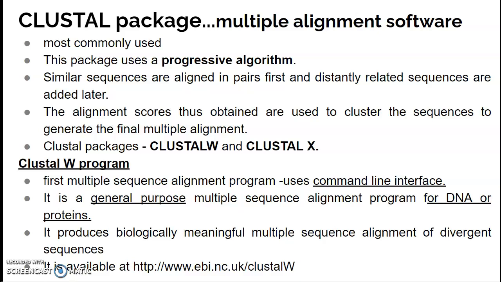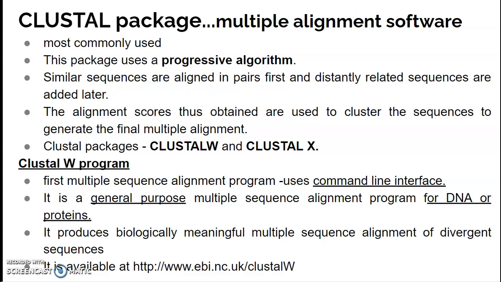The two software programs in this package are Clustal W and Clustal X. When we speak about the Clustal W program, this was the first type of multiple sequence alignment, and it had a command line interface. That means we have to type a command, and then the result will come.